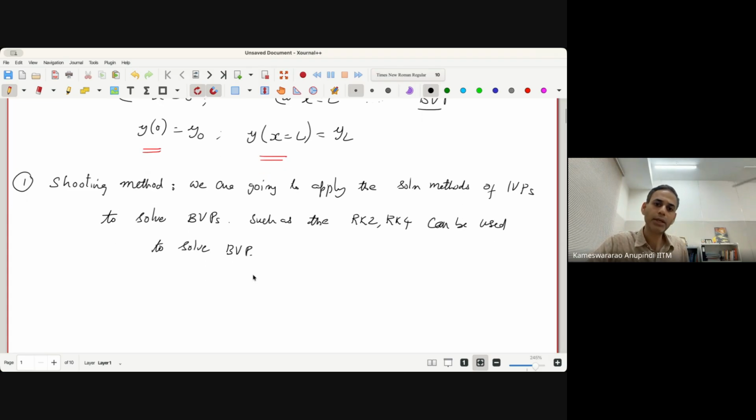That is what is known as the shooting method.